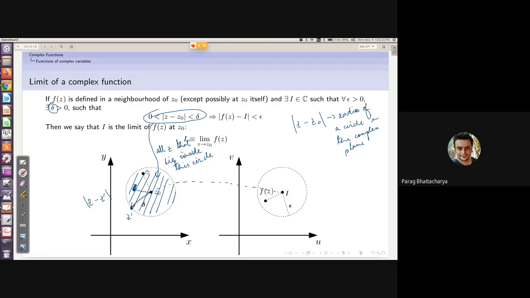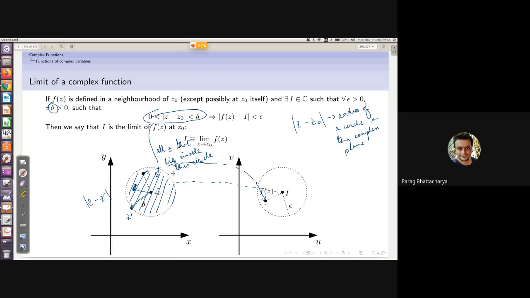When that happens, if you give me an epsilon, I can always find a delta such that the value of the function at some z which lies within this circle of radius delta will lie inside a circle whose radius is epsilon.